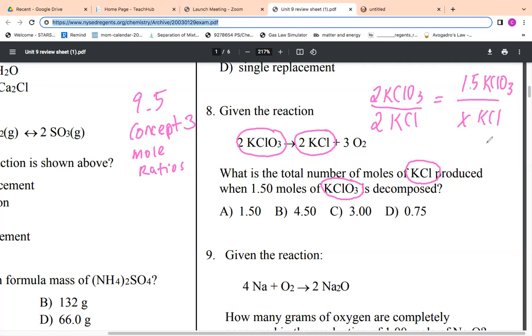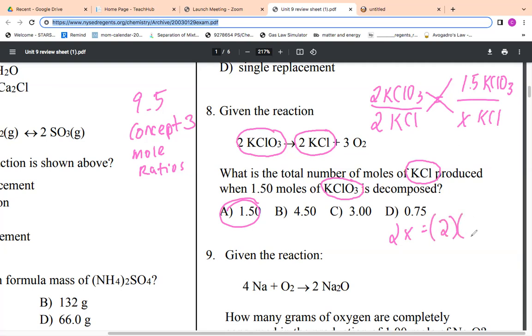Now this one is easy because the ratio between KClO3 and KCl is just 1:1. So if you use 2 moles of this, you'll get 2 moles of this. If you only use 1.5 moles of this, you're also going to get 1.5 moles of this. But if you're not clear on that, you can just go ahead and cross multiply. So you would end up here with 2x equals 2 times 1.5.